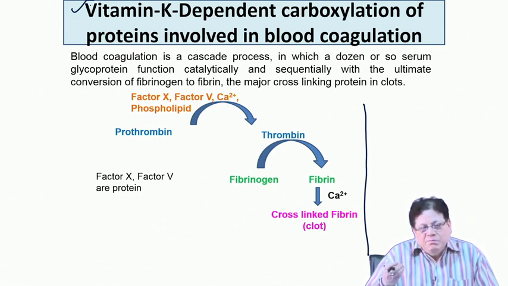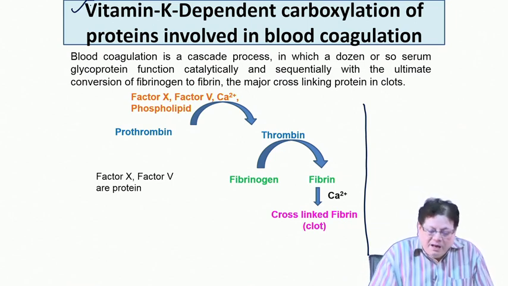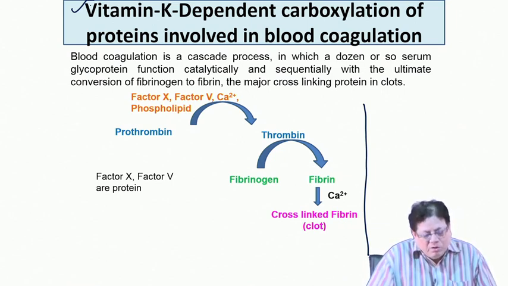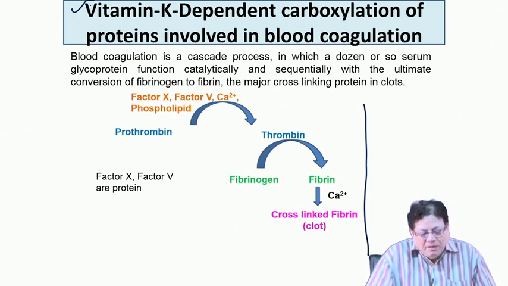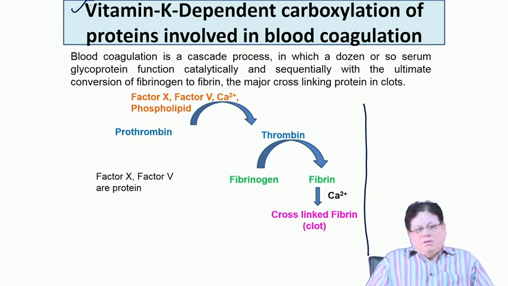This fibrin protein in presence of calcium forms cross linking of proteins, and that makes a very insoluble mass, which is known as the clot. Now, how this vitamin K helps to form the clot, we are going to describe.